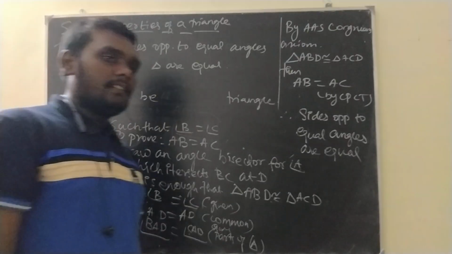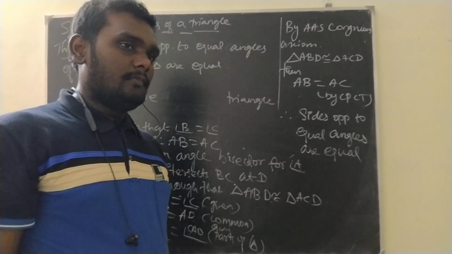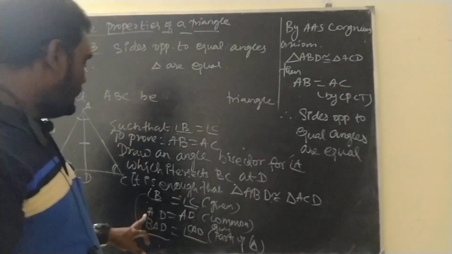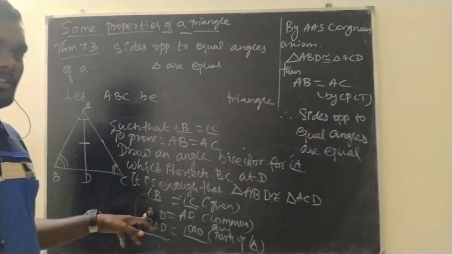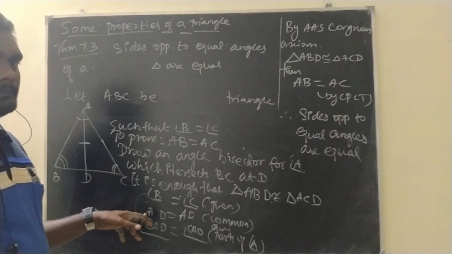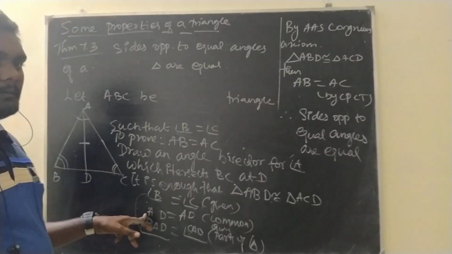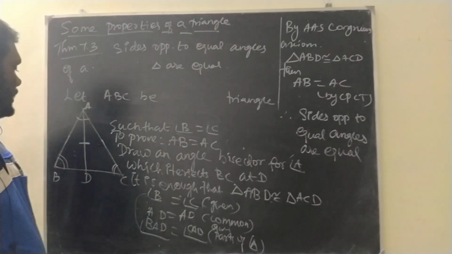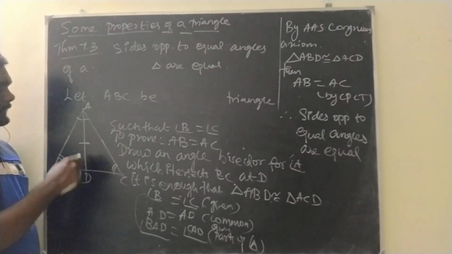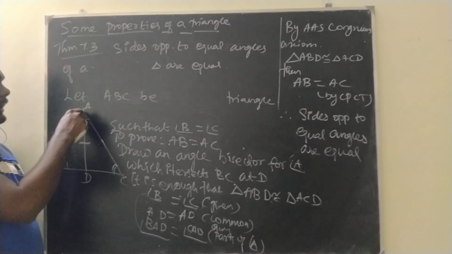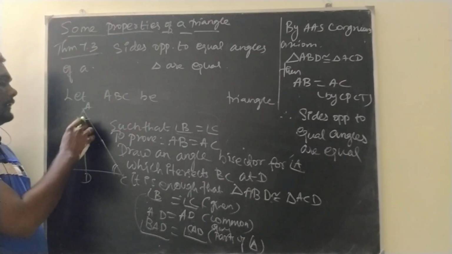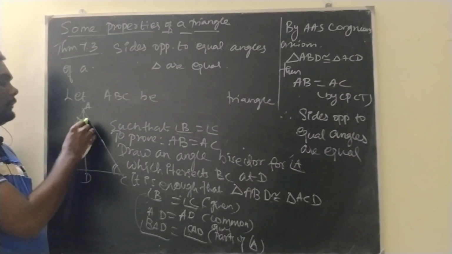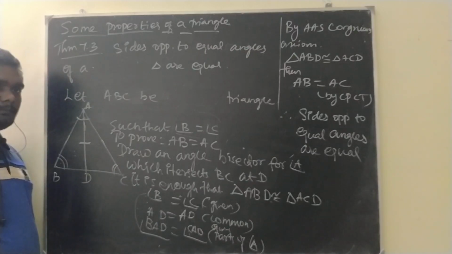So it is AAS or ASA. For that, we need to check whether this side is common for both the mentioned angles or not. No. So therefore, it is AAS congruence. Also, we need to make sure this side is involved in the arm of the single dotted noted angle, not the other one.